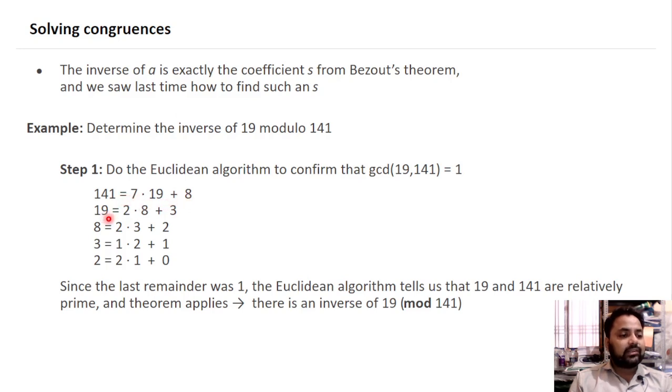Same, 19 is equal to 2 into 8 plus 3. 8 is equal to 2 into 3 plus 2. 3 is equal to 1 into 2 plus 1, and 2 is equal to 2 into 1 plus 0. Since the last nonzero remainder was 1, the Euclidean algorithm tells us that 19 and 141 are relatively prime, and the theorem applies. There is an inverse of 19 modulo 141.